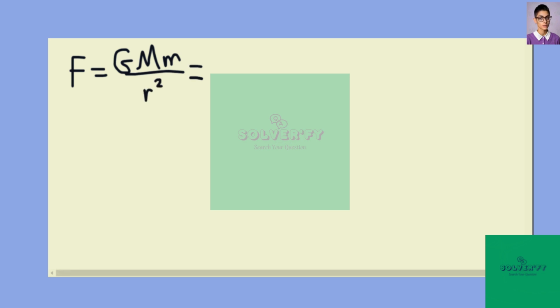Also, force equals mass times v squared over R. That's centripetal force. And force is mass times acceleration due to gravity.